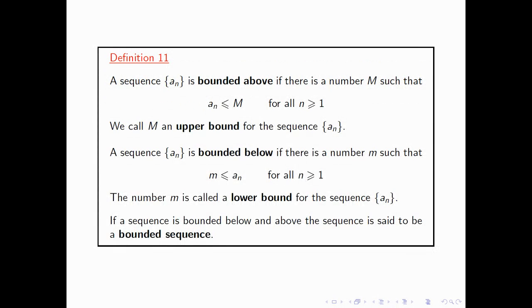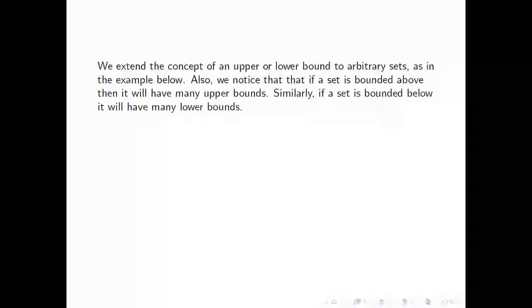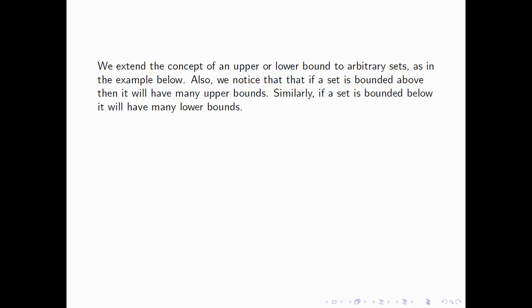This concept that I've shown you now is, strictly speaking, only defined for a sequence, which is a function. But it's easy to see that we can extend this concept to any subset of the real line. And so in the next example, I'm going to do that.